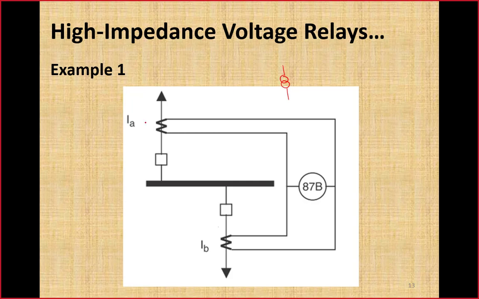This is the CT for circuit A, in parallel with its magnetization branch, and then we have the series impedance. This is the terminal of CT A in circuit 1. We can call this current IA over N, where N is the CT ratio. This is the direction of current; the direction will be assigned later.